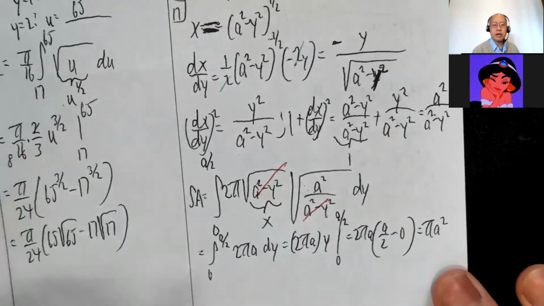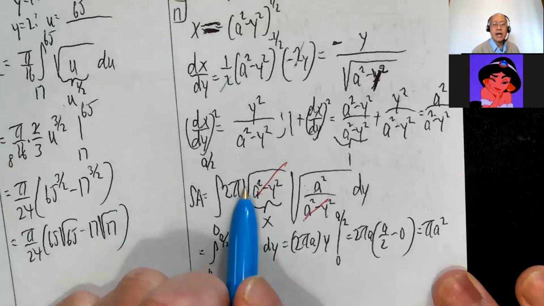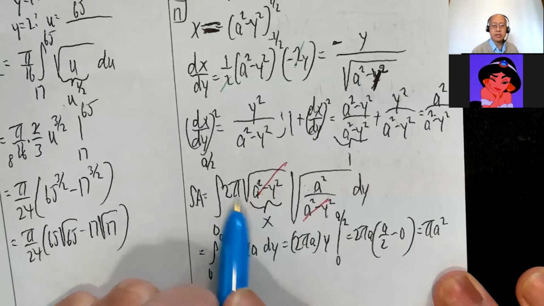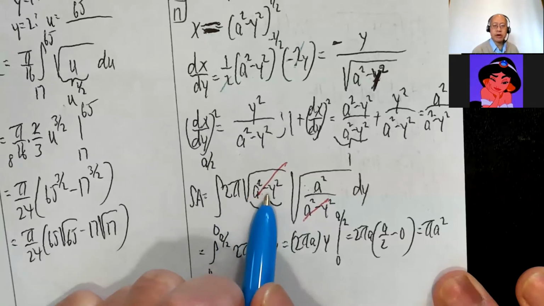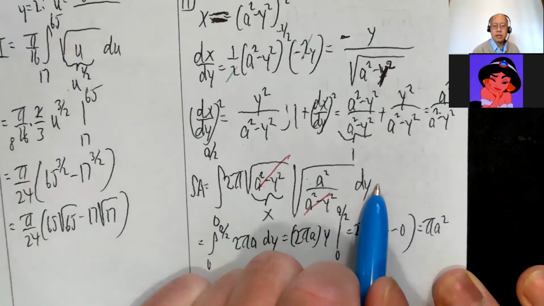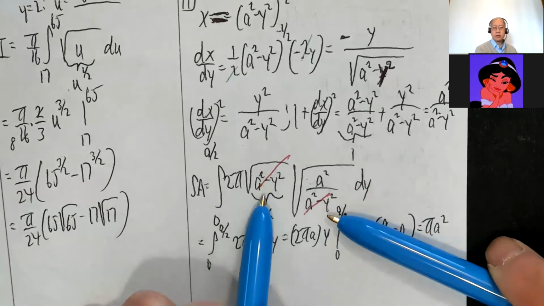Okay, so by formula, the surface area is the integral from 0 to a over 2 pi x. X because I'm spinning about the y-axis. 2 pi x radical a squared minus y squared times the square root of all this stuff, dy. Very conveniently, that cancels with that, right?